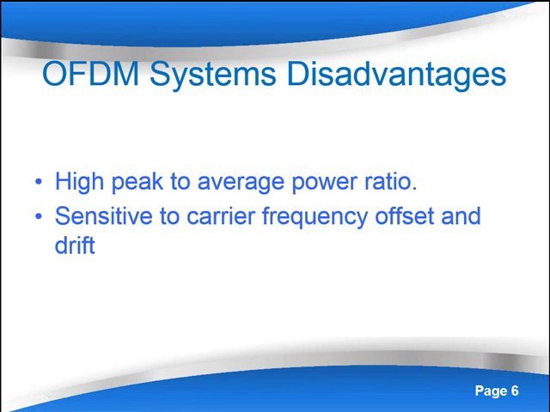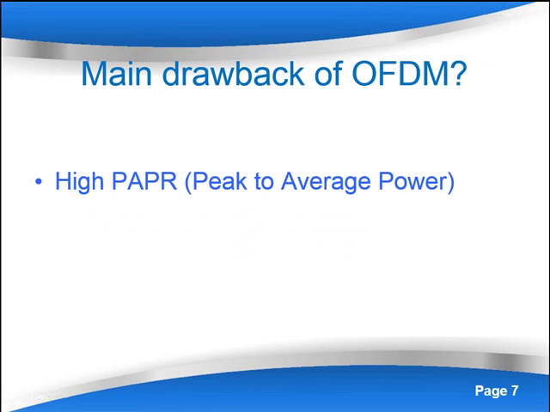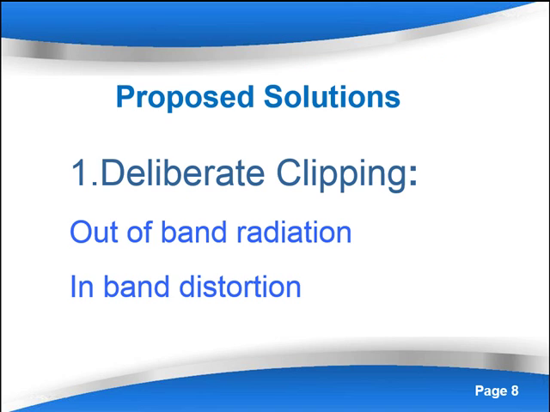Also, it is more sensitive to carrier frequency offset and drift than single carrier systems are. A major drawback in OFDM systems is that the transmit signal exhibits a high peak-to-average power ratio, which causes nonlinear distortion and spectrum spreading at the output of the power amplifier.